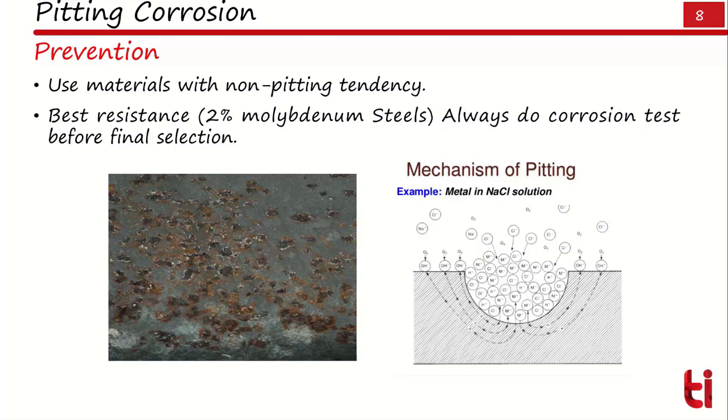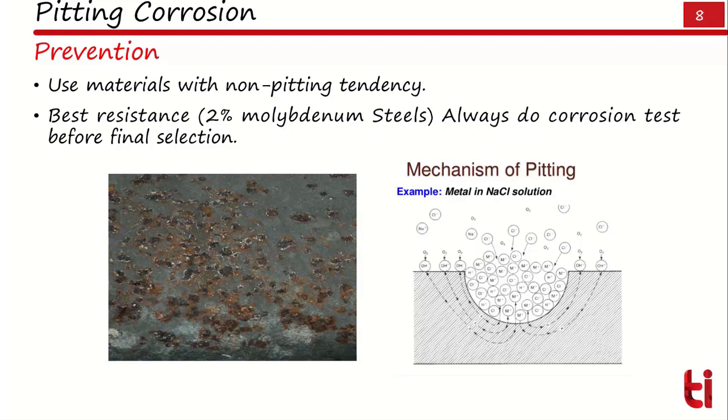If that is not a possibility, then what else you can do is put 2% molybdenum into your steel, which gives resistance against pitting. So you can minimize the tendency of steel forming pits by making 2% molybdenum steel.